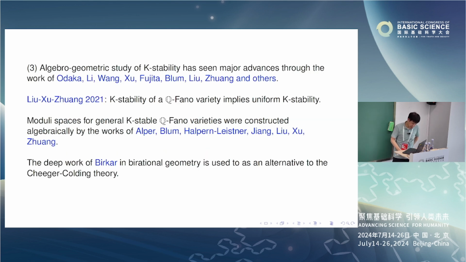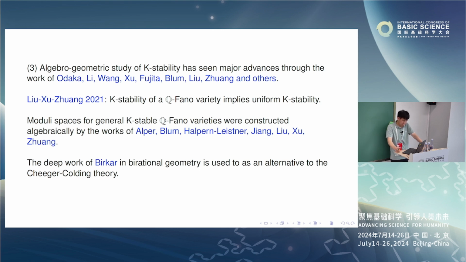As I mentioned, the algebro-geometric study of K-stability has seen major advances through the work of many people. In particular, recently Liu, Xu, and Zhuang proved that K-stability of a Q-Fano variety implies uniform K-stability. Together with Li's result, uniform K-stability implies the existence of a Kähler-Einstein potential.